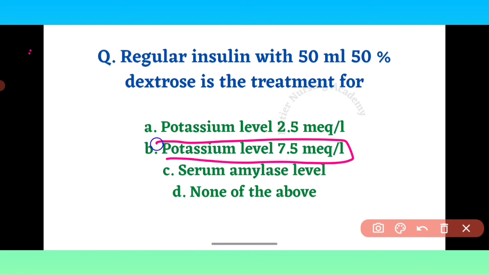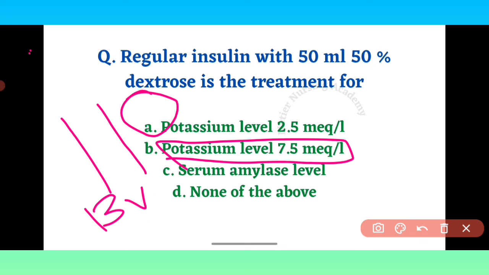How? See, this is the blood vessel and this is the cell. Increased level of potassium is present in the blood vessel.